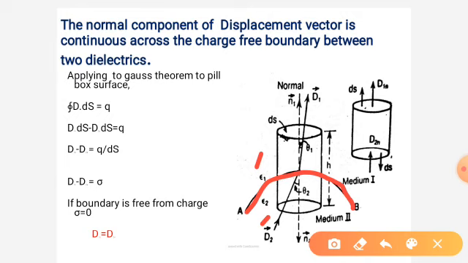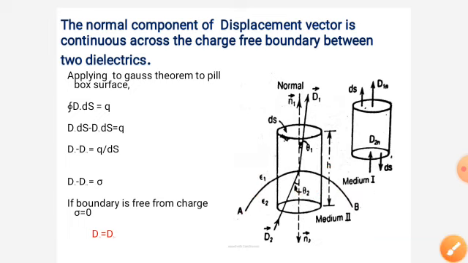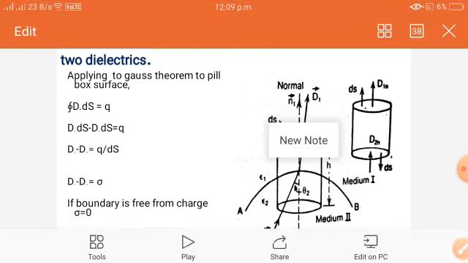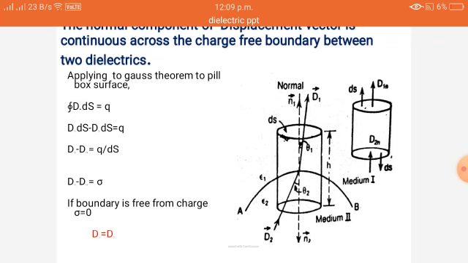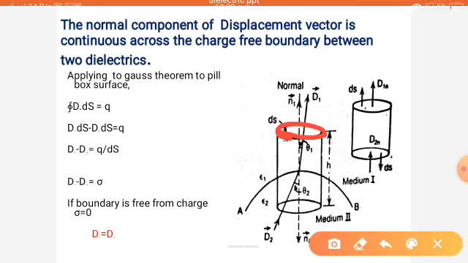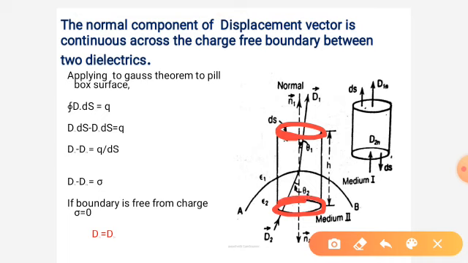For that, consider a small pill box having the height h, which is negligible. For our convenience, draw like this. Take the two surfaces, this is ds and it is also ds. Draw the normal here, then ds becomes ds bar.